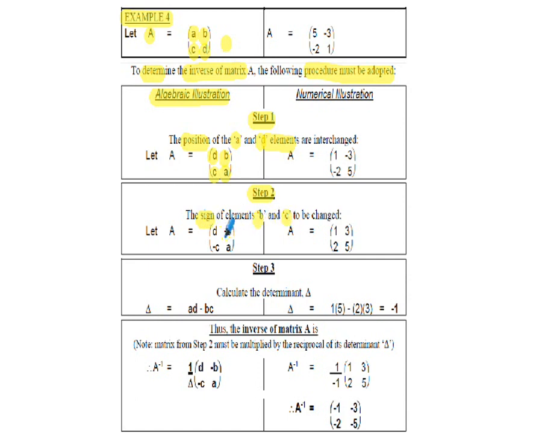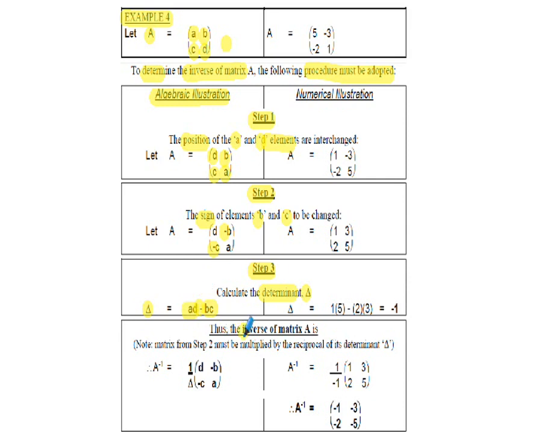Here you can see that the sign of element B and the sign of element C has changed. In step 3 we're going to calculate the determinant, often shown by the symbol capital delta. Delta is determined by elements A multiplied by D, and subtract from that elements B multiplied by C.